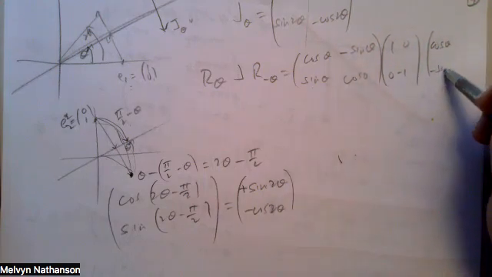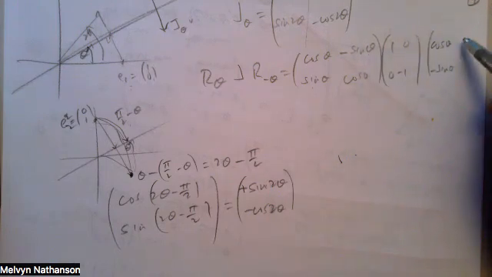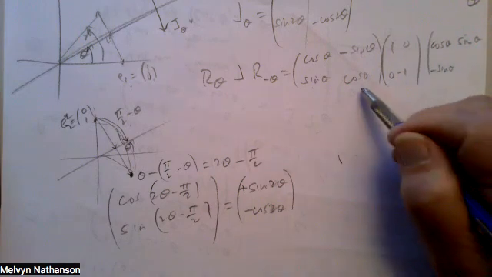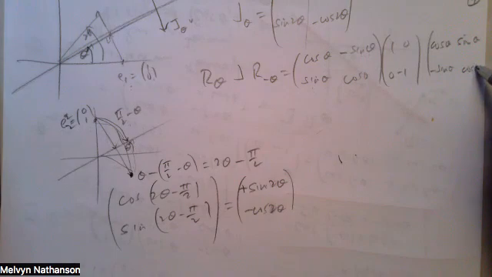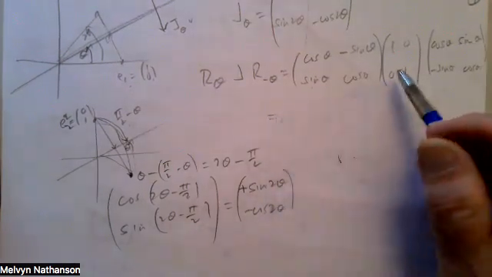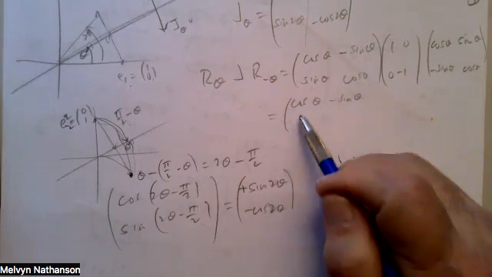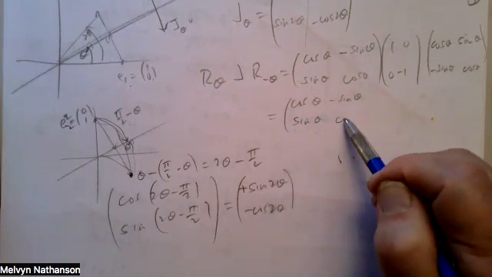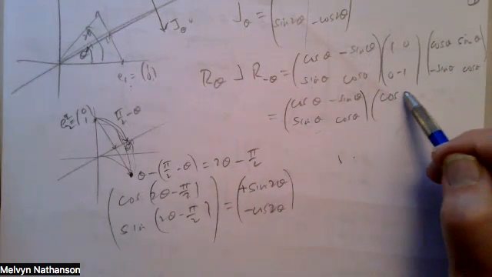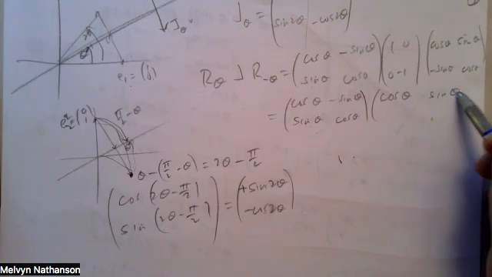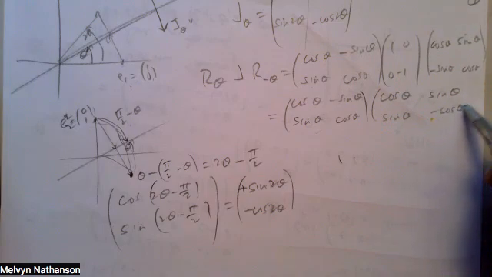Sine of minus theta is minus sine theta. Minus sine of minus theta is plus sine theta. And cosine of minus theta is cosine theta. So what I have is cosine theta minus sine theta, sine theta, cosine theta. This times this is cosine theta, sine theta, sine theta minus cosine theta.